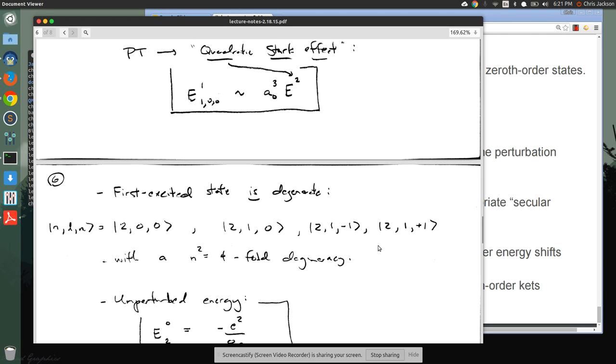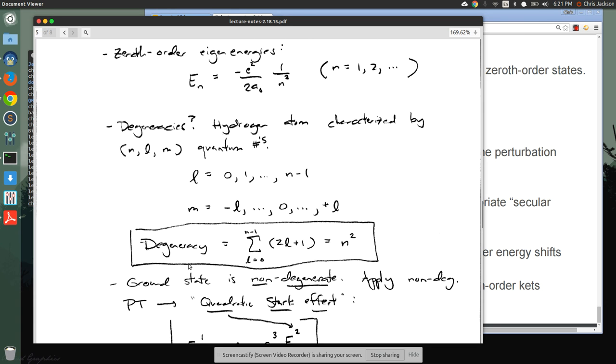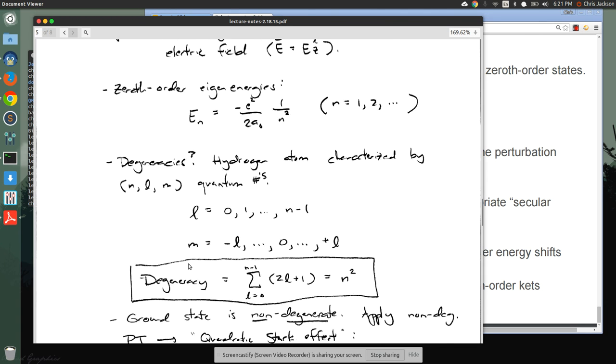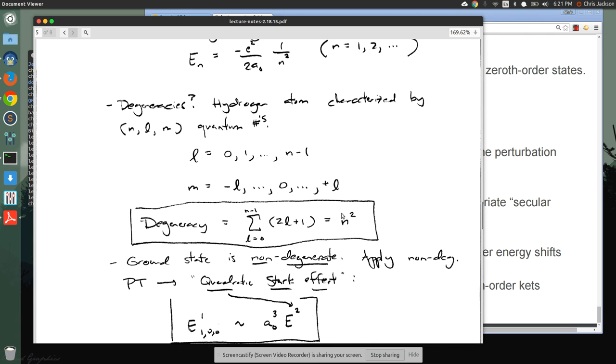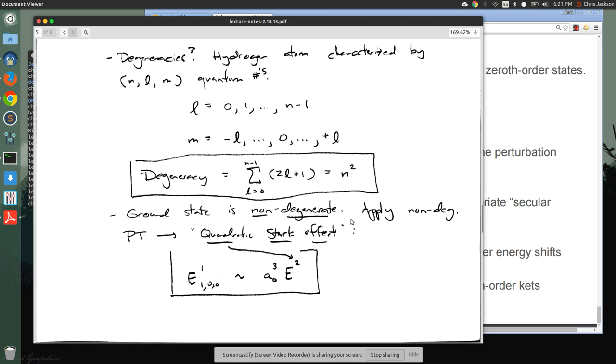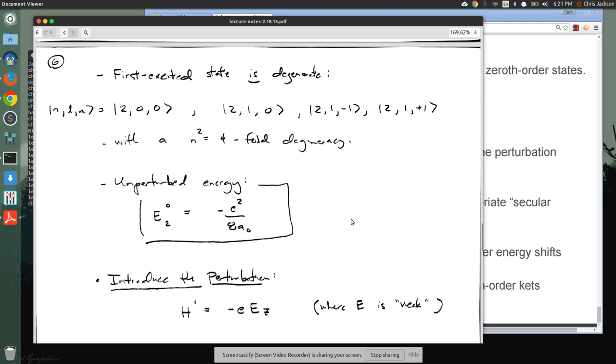And so what I see is that I have four states that have the same energy. So I have a fourfold degeneracy. And if I go back and look at what we found in general, that the degeneracy of the hydrogen atom goes like n squared, so it makes sense.